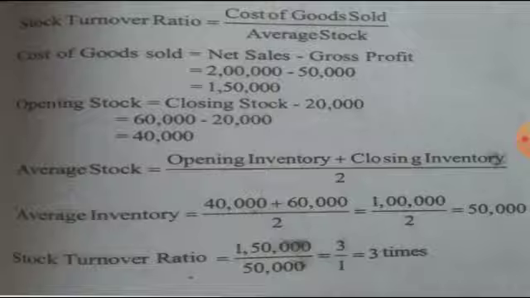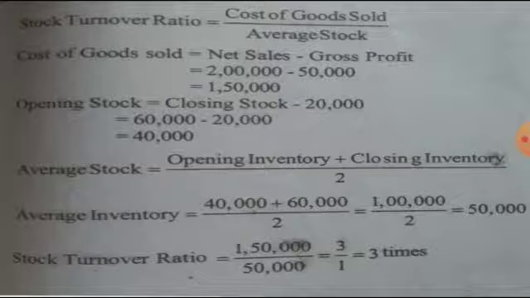For finding out the average stock, you need the opening inventory plus closing inventory divided by 2. That is the formula. But the opening inventory is not given directly. So what you are going to do is opening stock is equal to closing stock minus 20,000. So that is 60,000 minus 20,000, you will be getting 40,000. So average inventory, you got both opening as well as closing inventory.